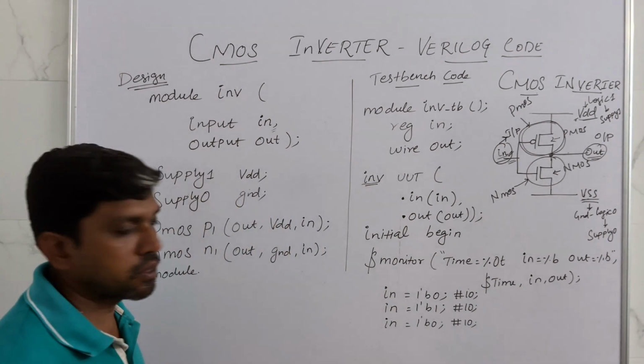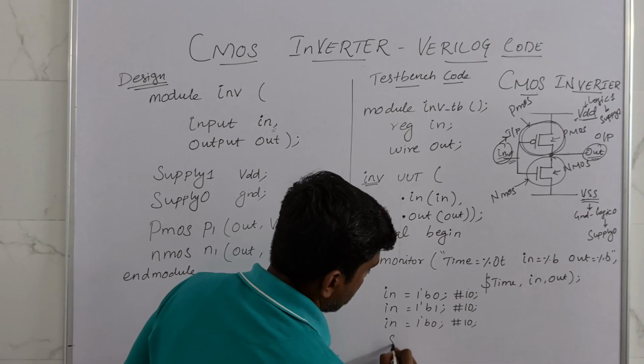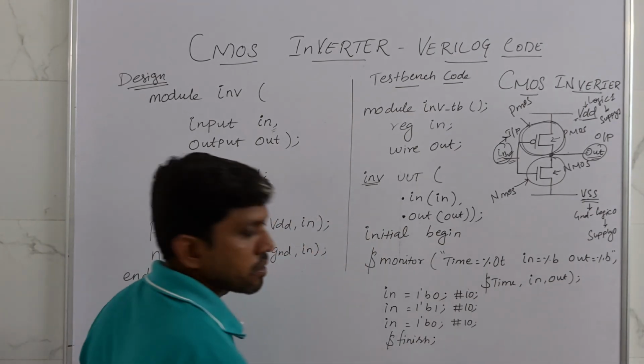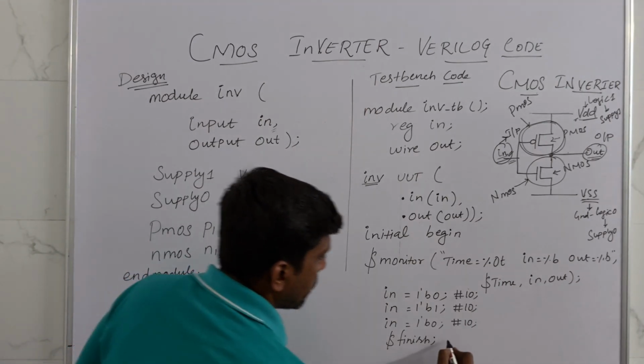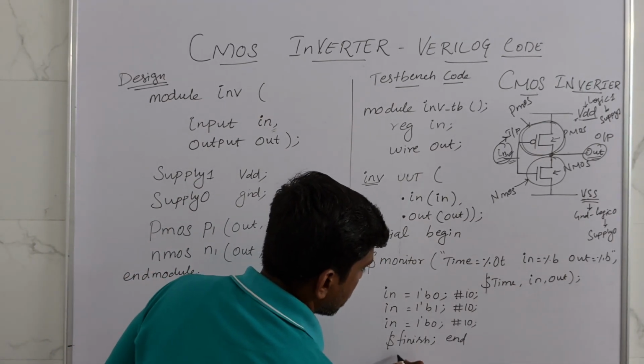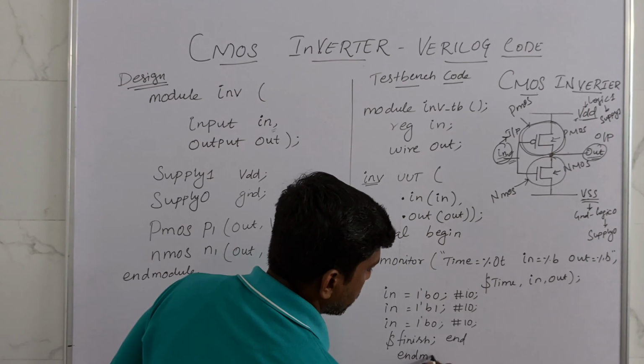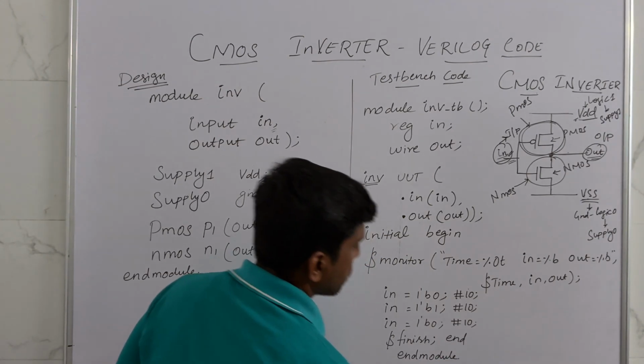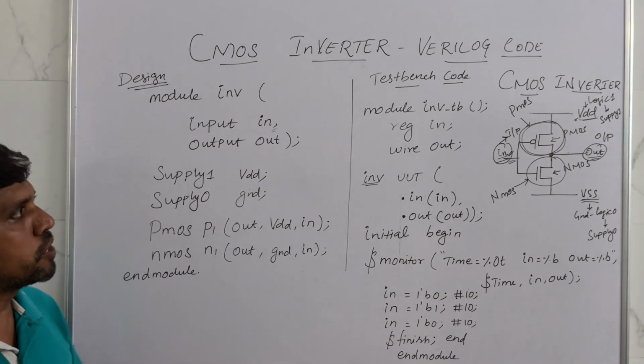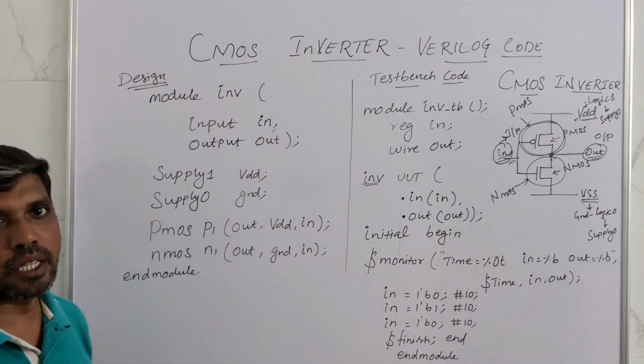After 10 nanoseconds, $finish. So finish the function. Then endmodule. So this is the test bench Verilog HDL code for the CMOS inverter.